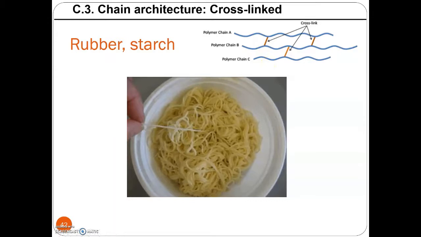If I give an example of cross-linked, we have, for example, the starch. As you probably know, the starch is formed of amylose and amylopectin, which are natural polysaccharide polymers.